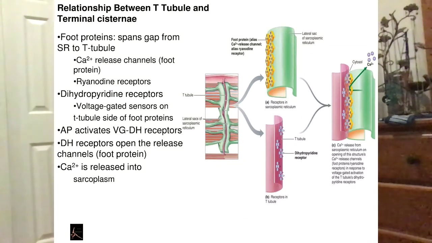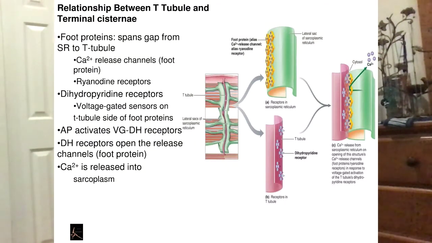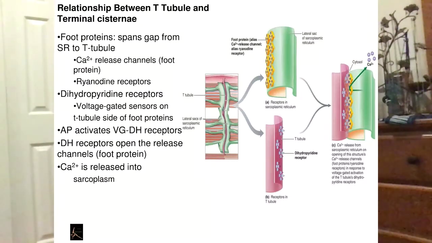If the sarcolemma is continuous with the T-tubules, so the action potential comes down the sarcolemma, down the T-tubule, and the action potential then stimulates the voltage-gated DH receptors, okay, to then activate and open the calcium release channels or the foot proteins on the SR. And the end result at the one on the right, you see calcium being released. Now, calcium is going to associate with our troponin.